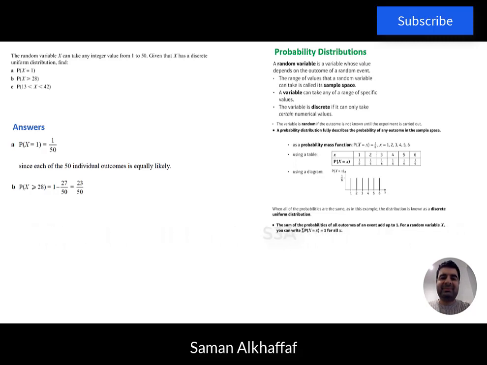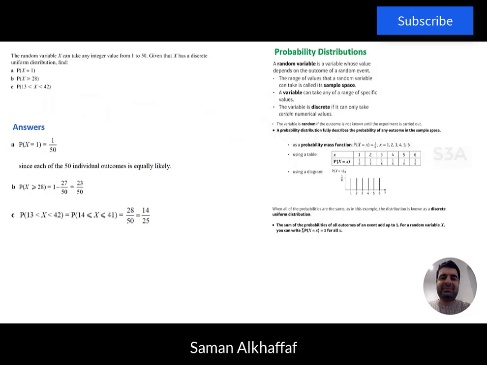Now we look at the probability when 13 is smaller than X and X is smaller than 42. So we're looking at this range. We can flip this probability to be 14 is smaller than or equal to X, and X is smaller than or equal to 41, so it's a little bit bigger than 13 and a little bit smaller than 42.